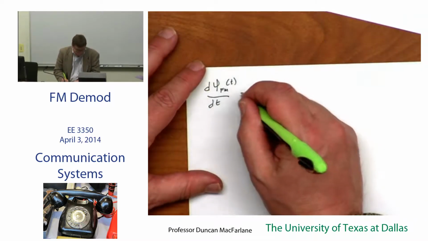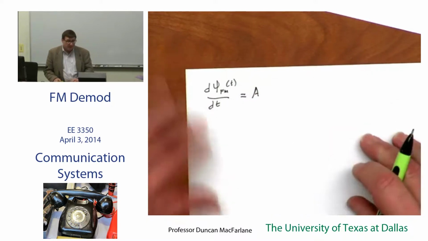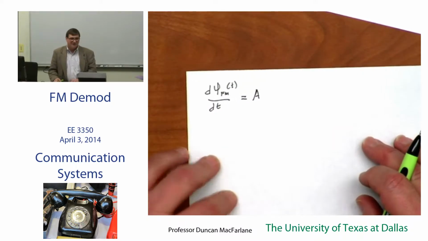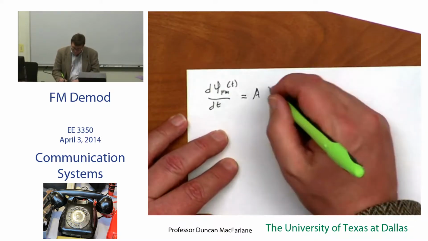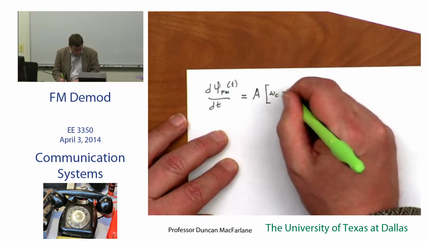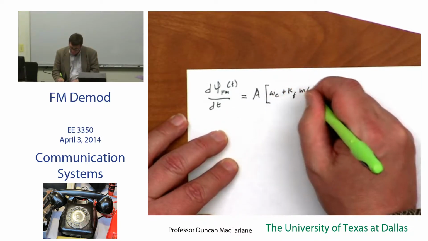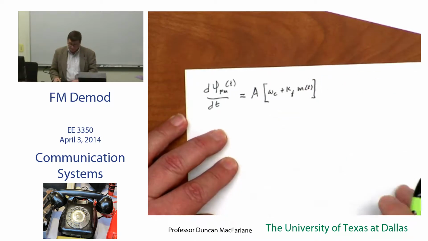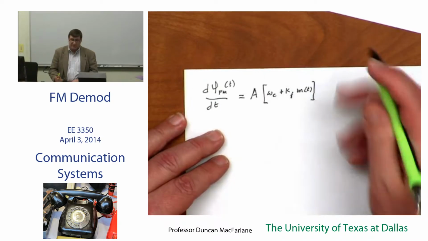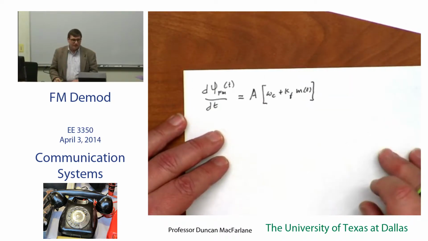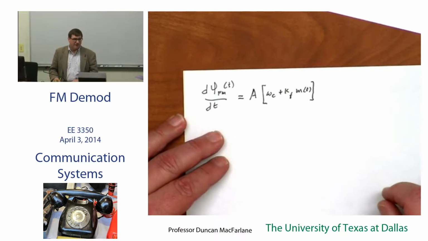So if I differentiate this, the A stays the same, we think. It's a constant, right? I'll come back to that in a second. The integral does an interesting thing when I differentiate in the inside of it. I strip away that integral. And so I actually see that I get m of t and not the integration of m of t. And that's true for the FM case.